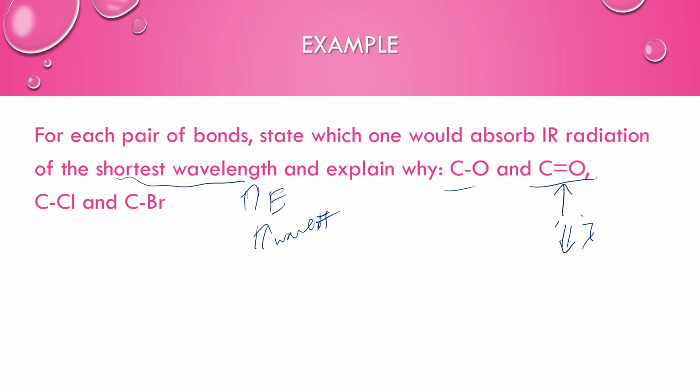It's going to have a shorter bond. It's going to take more energy to stretch that bond. And similar concept with CCl and CBr. Chlorine has a smaller radius, and so the length of the bond between carbon and chlorine is going to be shorter and require more energy or shorter wavelength to get it to stretch.